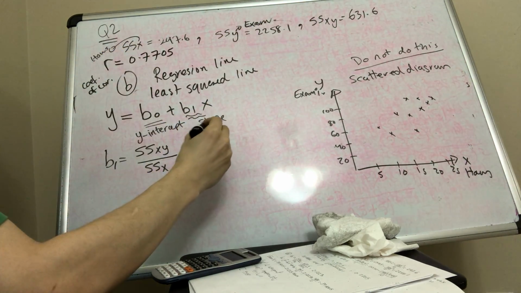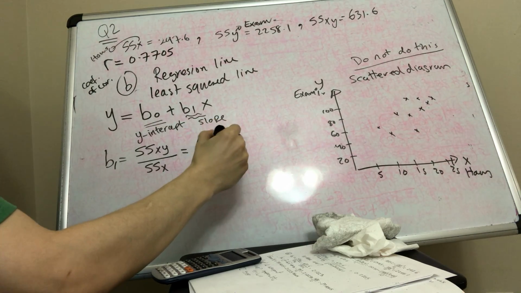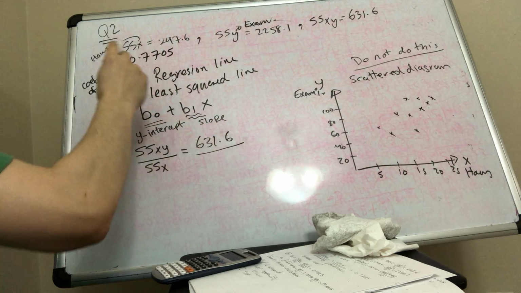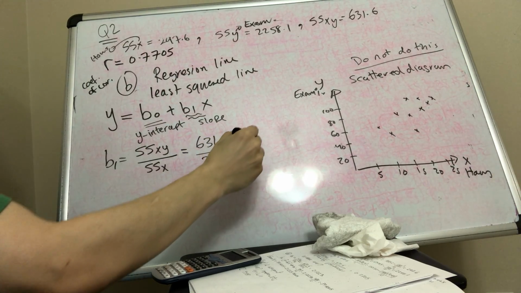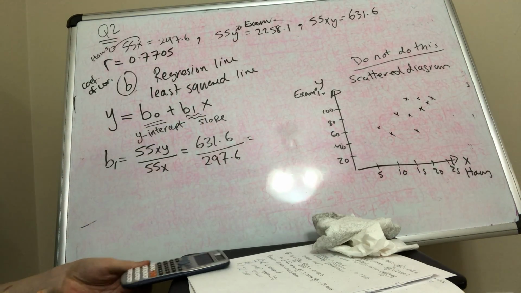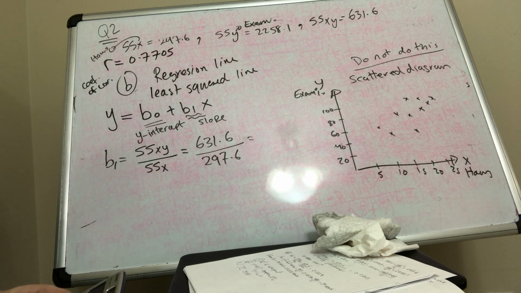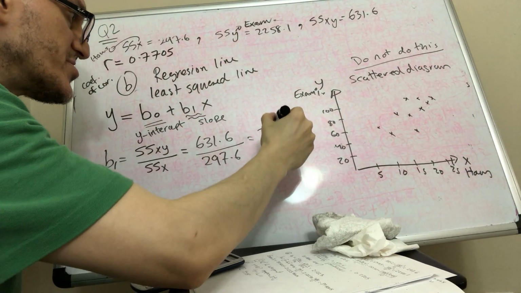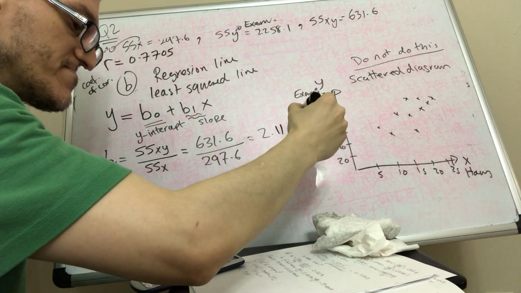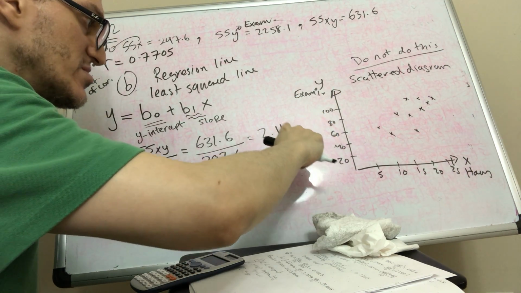SSXY we have, that's 631.6. SSX is the 297.6. So you divide them, and that gives you 2.1223.